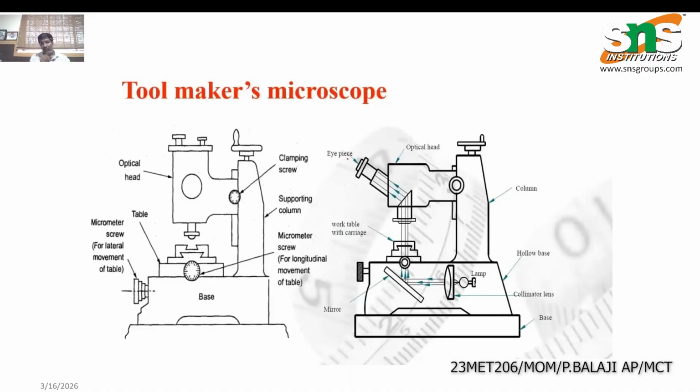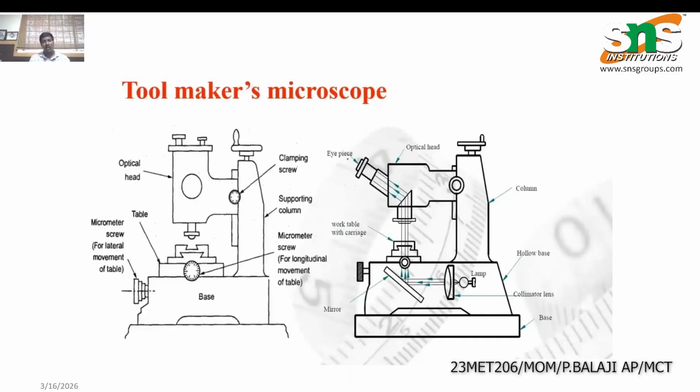By viewing them, we can measure two kinds of readings in this same toolmaker's microscope: one is the major diameter, and the other is the minor diameter.